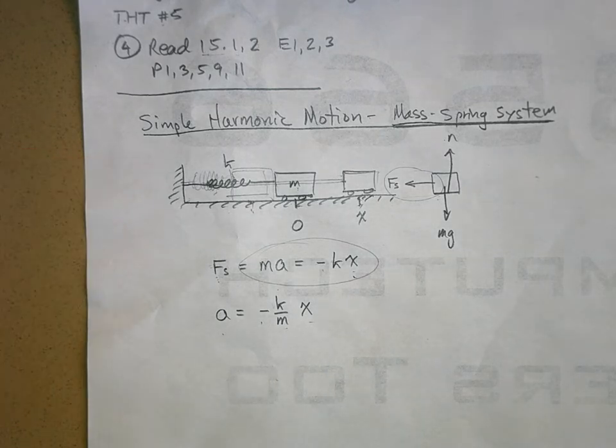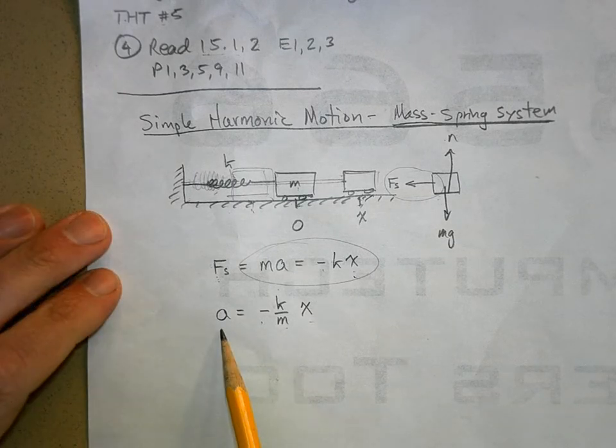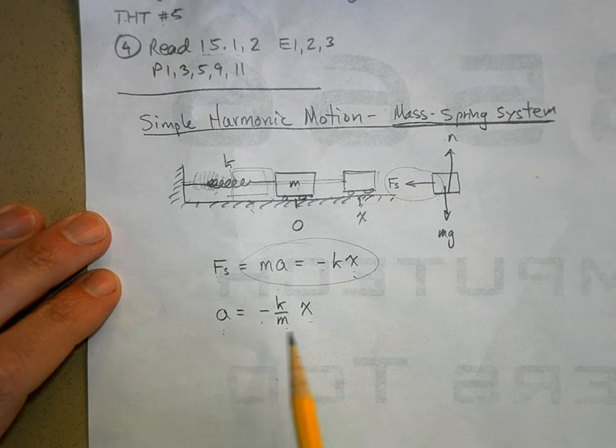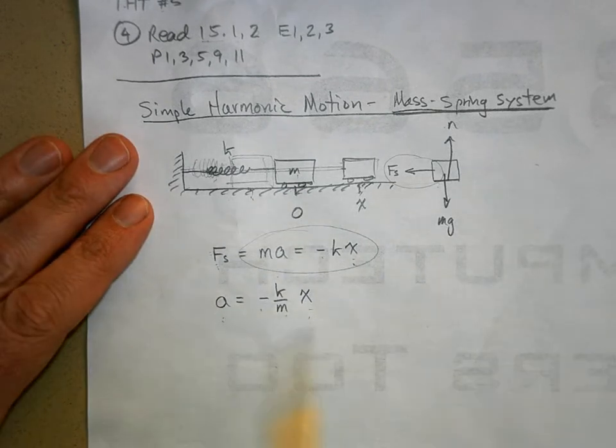Now, what we're going to show in a minute is that whenever you have that situation where the acceleration depends on the position, but in the opposite direction, I'm going to end up with what we call simple harmonic motion. And here's one thing I want you to see. What is acceleration?